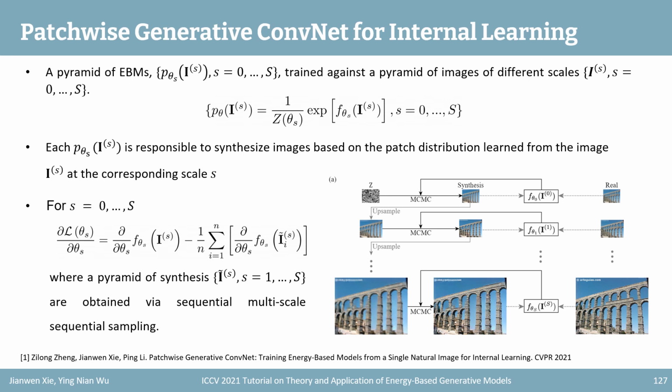The patch-wise Generative ConvNet is an energy-based framework for internal learning. It trains a pyramid of EBMs against a pyramid of images of different scales. Each EBM is trained by analysis by synthesis and is responsible to generate images based on the patch distribution learned from the images at the corresponding scale.